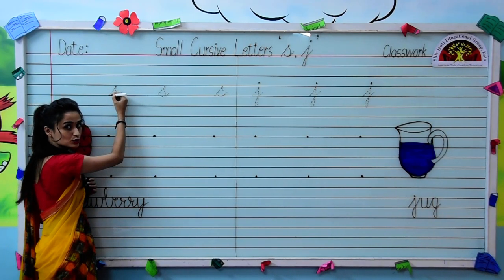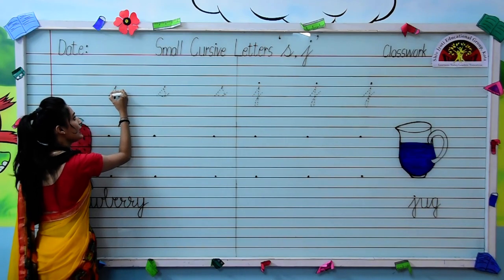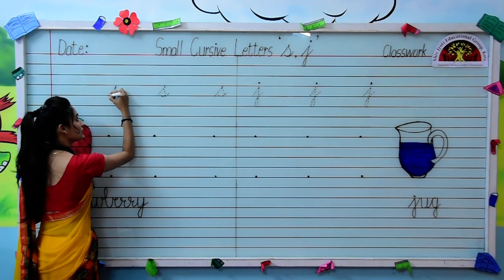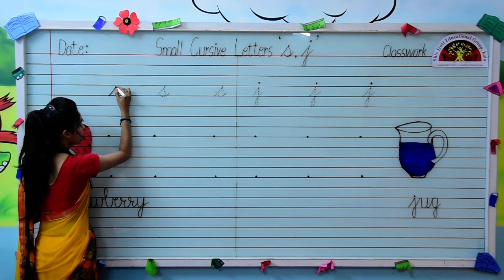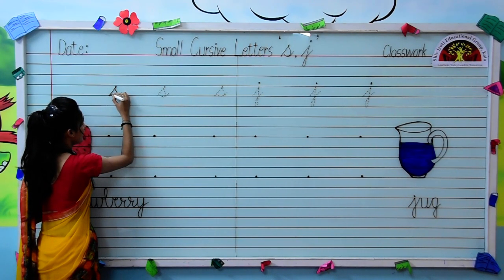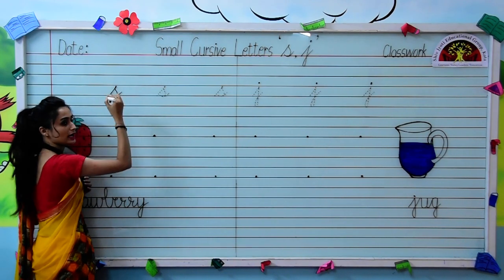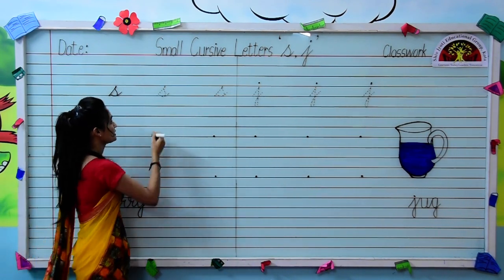We will see how to trace small cursive letter S. We will make S between the second and the third line. Pay attention, make a slanting line up, then make a loop, make a curve touching the third line and go out like this. Okay kids?